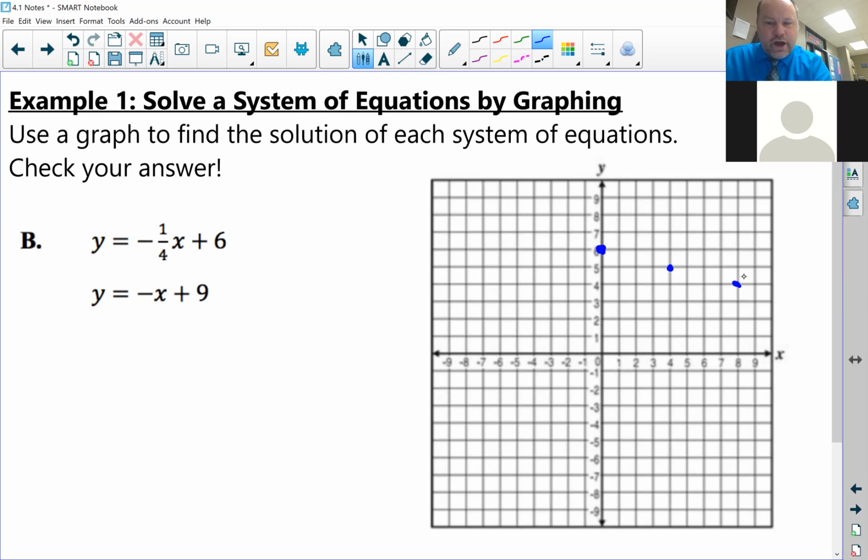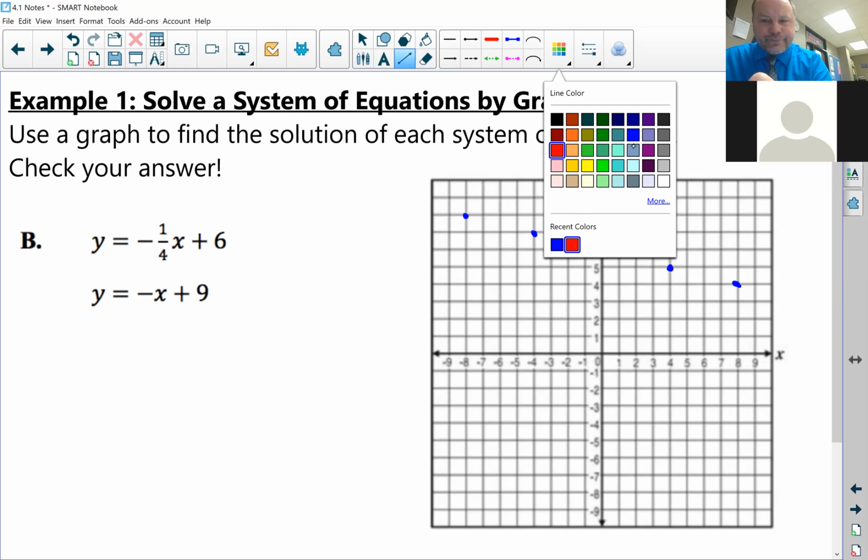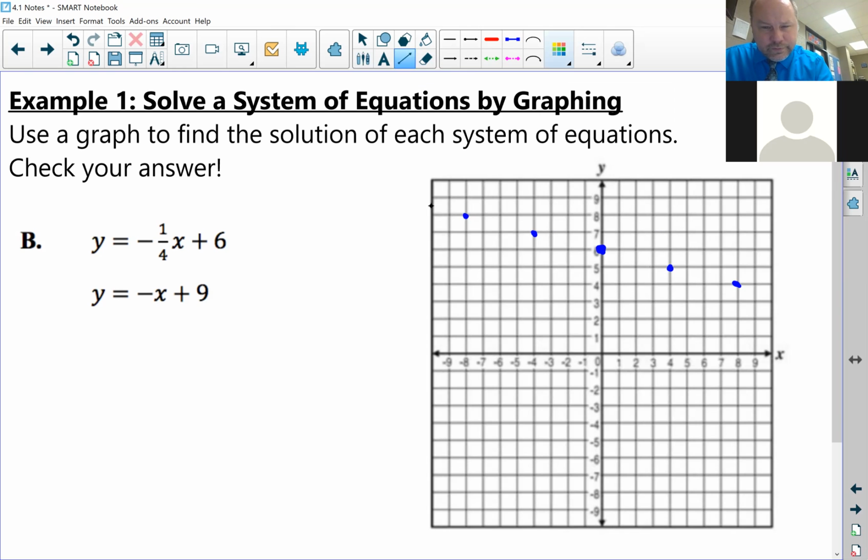Otherwise, I could go up 1, and then I'd have to go left 4. And you can always check: is that a line with a negative slope?